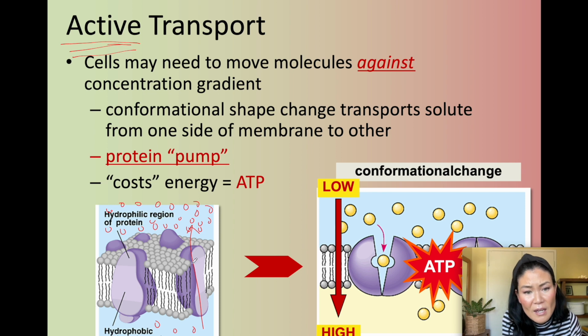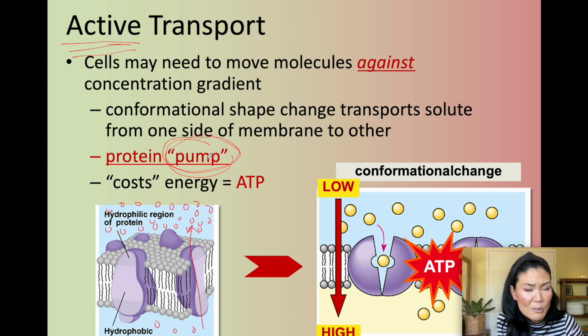It's going against the flow, against the concentration gradient, okay? So this protein, we call it a pump because it requires energy to pump, and it's pumping it against the concentration gradient. Think of a protein pump or active transport as like you entering an already crowded room. It's already crowded, packed with people. You got to push your way through, okay?